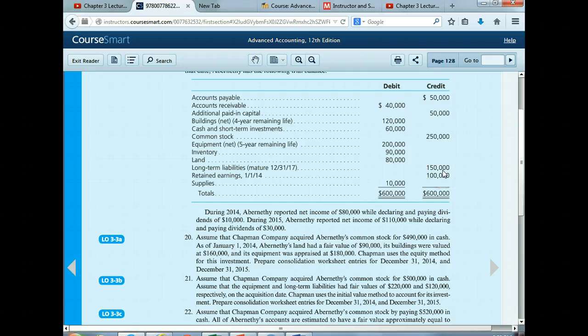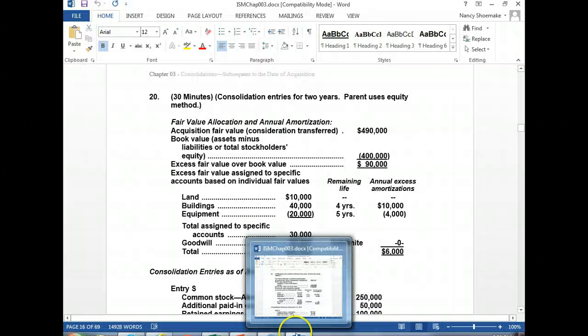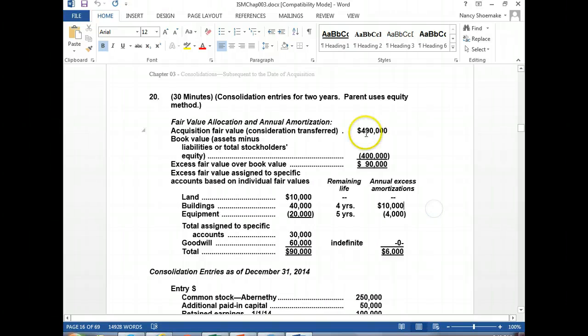That brings us down to a book value of $400,000. Does that make sense? So we take what we bought it for, $490, subtract from it the book value. It gives us an extra $90,000 of excess over book.